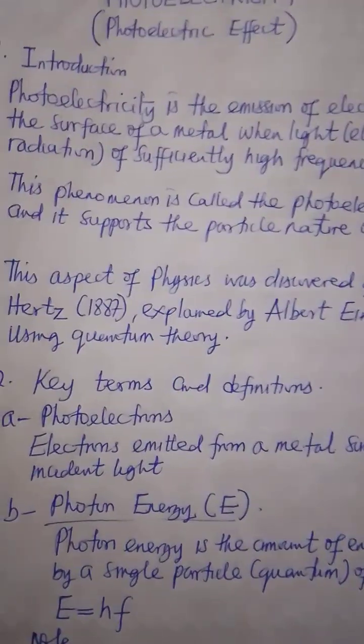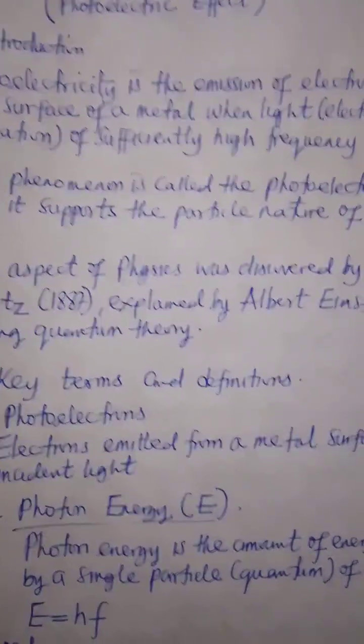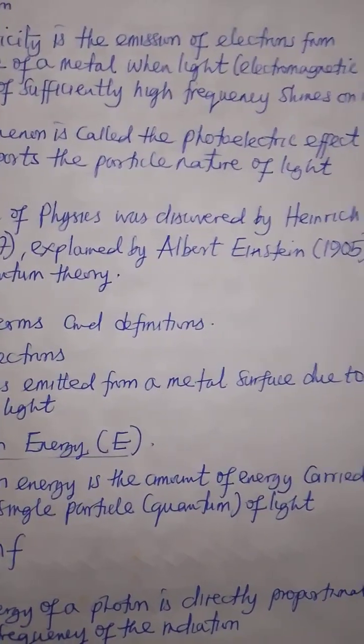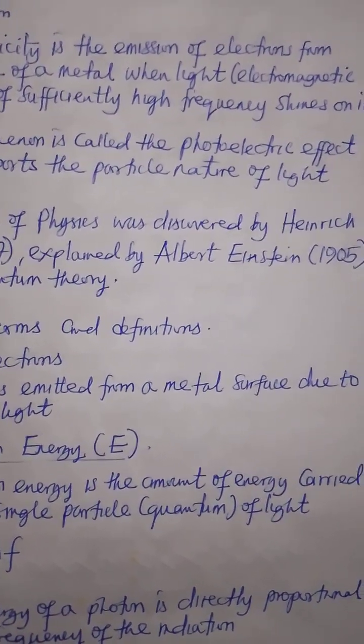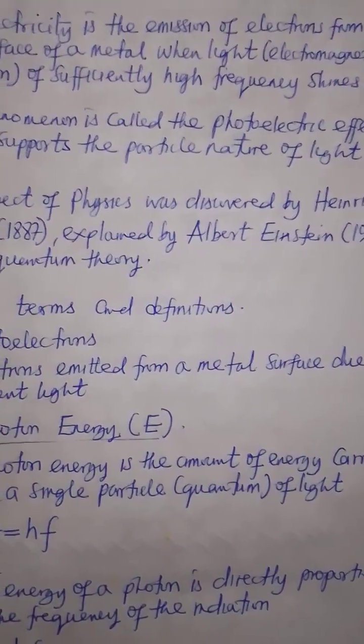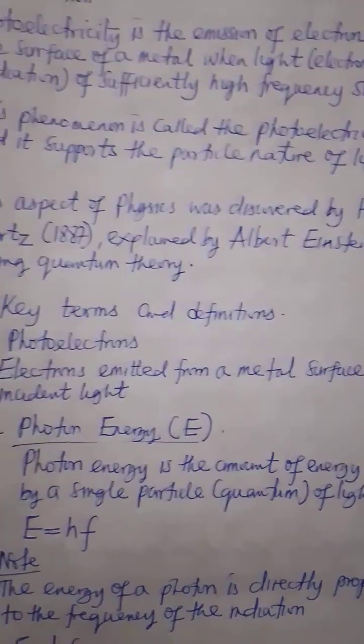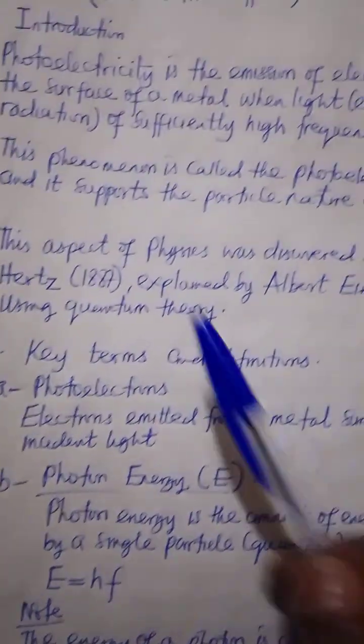So we can now say that the frequency of the incident radiation must be greater than the threshold frequency, or the wavelength of the incident radiation must be shorter than the threshold wavelength.